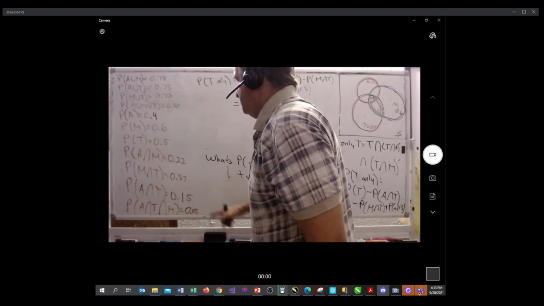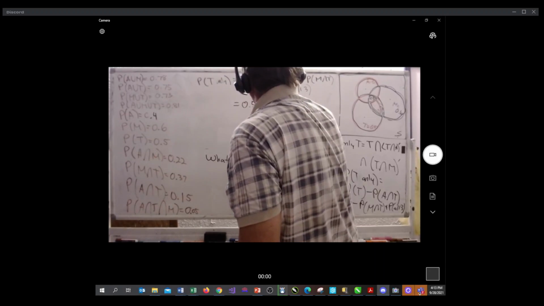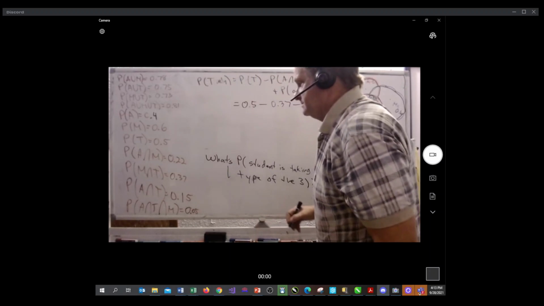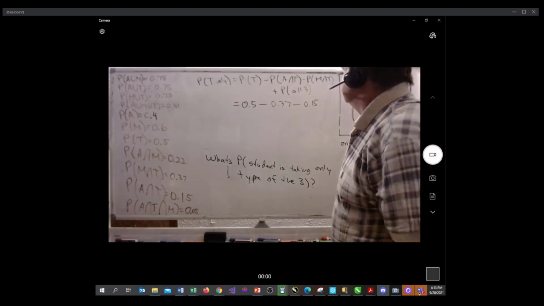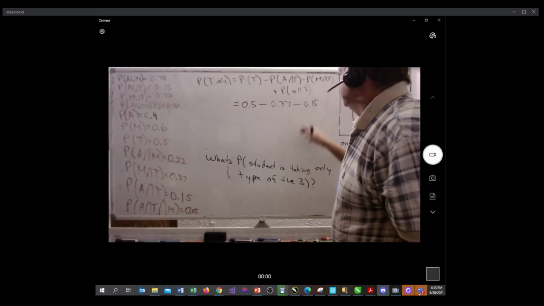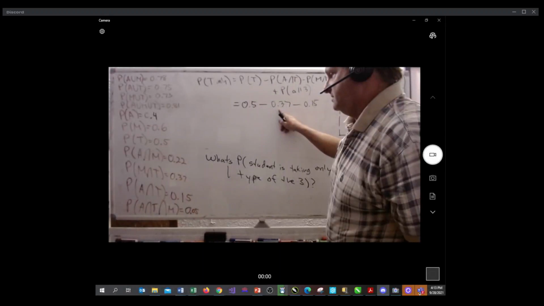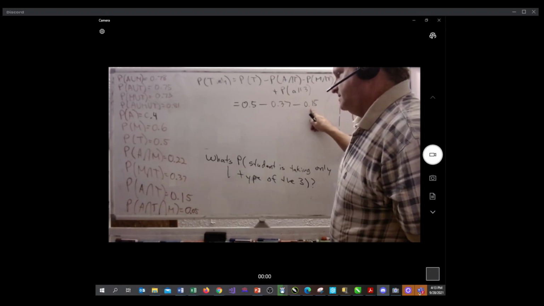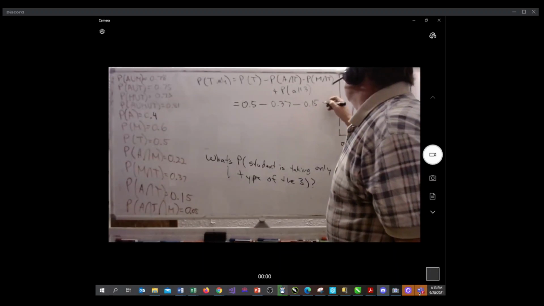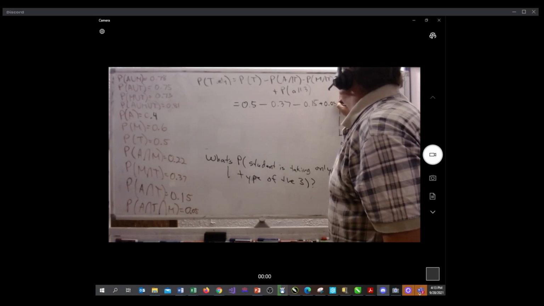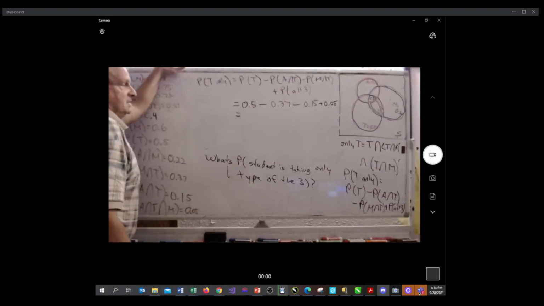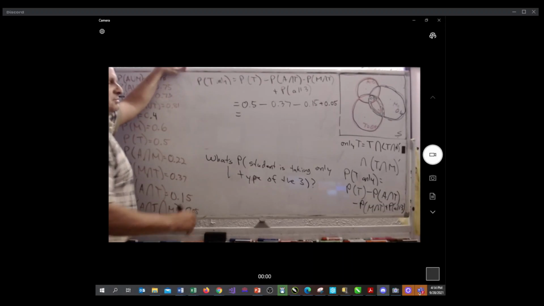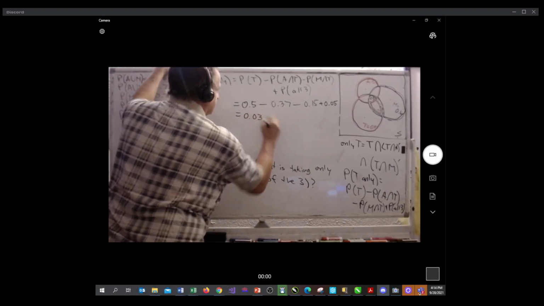What's M and T? Minus 0.37, minus what? That's M and T, right? This is M and T, this is M and T, what's this? This is A and T, plus 0.05, yes, no? What do you get? I think I get 0.03, right?